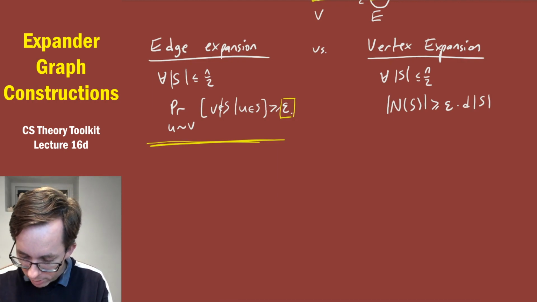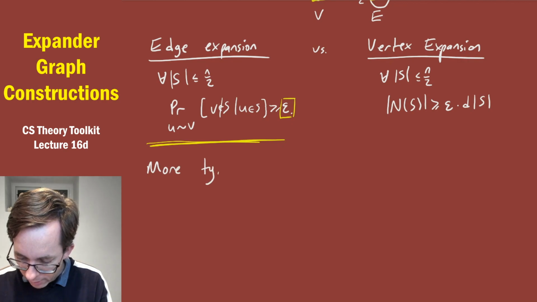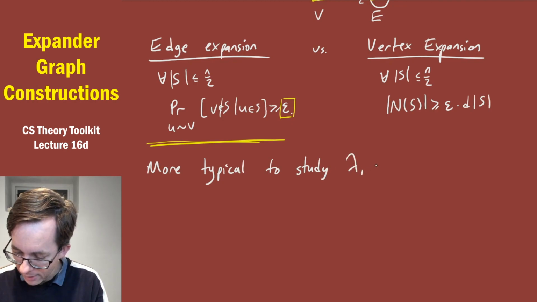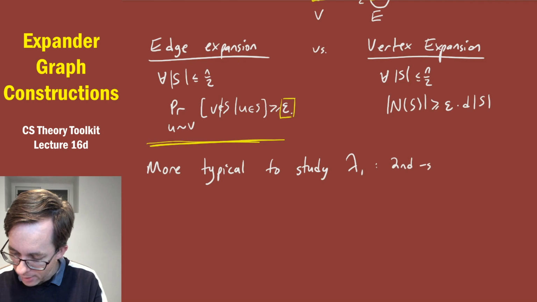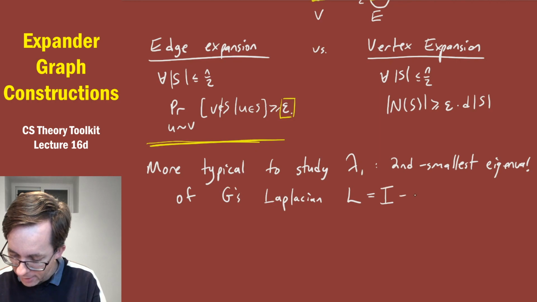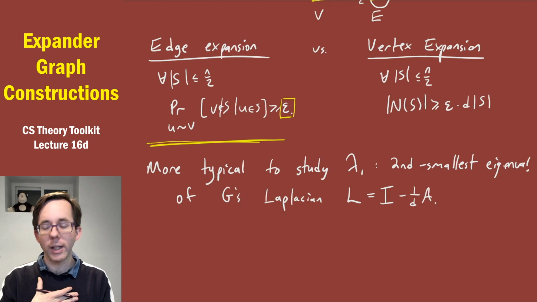It's even more typical to study what you might call lambda 1, the second smallest eigenvalue of G's Laplacian, which, let me remind you, is the normalized Laplacian: the identity matrix minus the normalized adjacency matrix. Okay, so we're in the setting of regular graphs now.